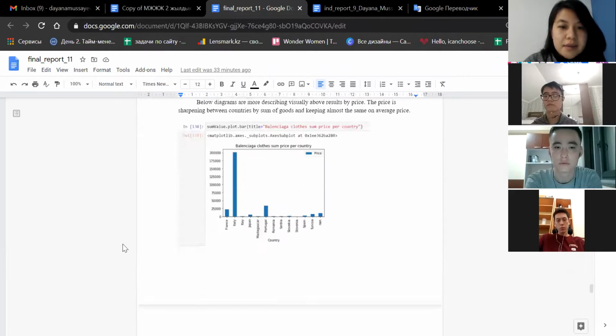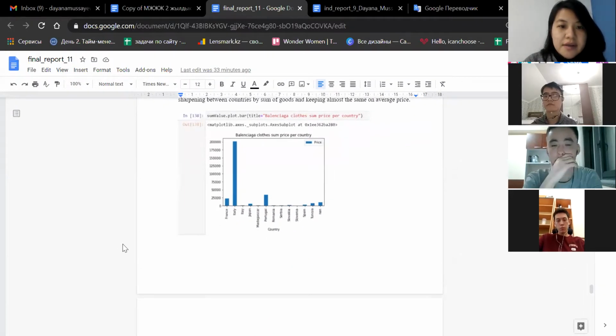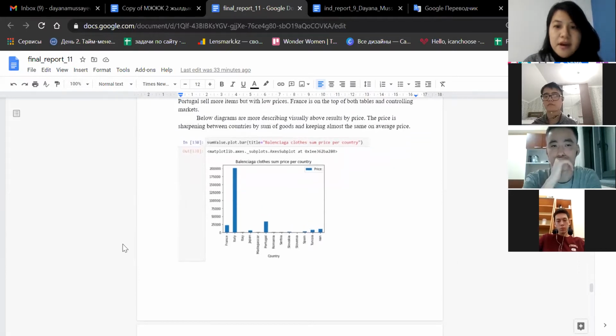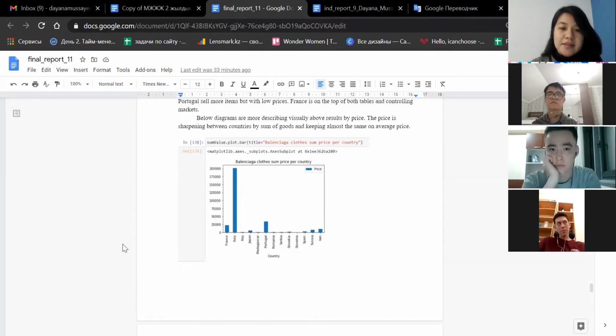Okay, let's see the analysis by countries. As you can see, the first graph presents an answer to the question of which country a large quantity of goods comes from. This is Italy. It is very interesting because the brand was born in Spain, but all of the fabrication comes from Italy.